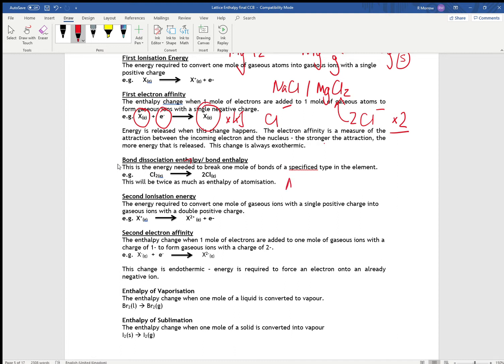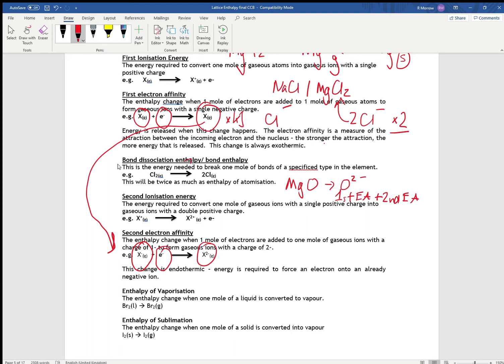If, however, it was something like magnesium oxide, and you know that oxide ions are 2 minus, then you've got to take the first electron affinity, the first EA, and then add to it the second electron affinity, because here you're going from X to X minus, and then the second electron affinity is where the X minus gains another electron and becomes X 2 minus.